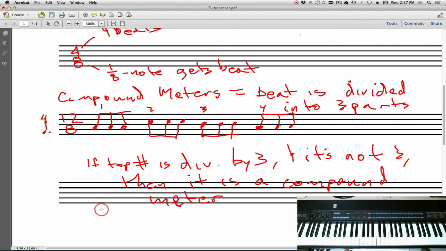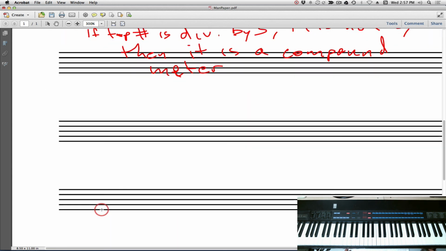Okay, so let's try a different meter. Let's just try 9/8. Okay, so 9/8 is divisible by 3, and that equals 3. So we'd get 3 beats.